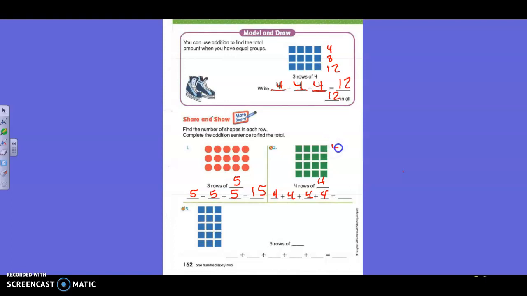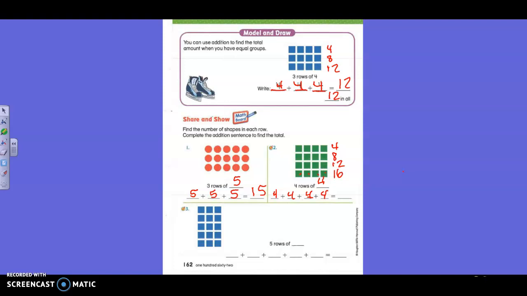Let's do it right here. 4. 4 more is 8. 4 more than that is 12. Okay, now 4 more than that. Now, guys, if you don't know this, this is what you do. Look, the last one was 12, right? 13, 14, 15, 16. So 4 more, 16.